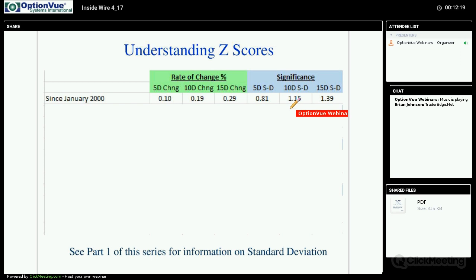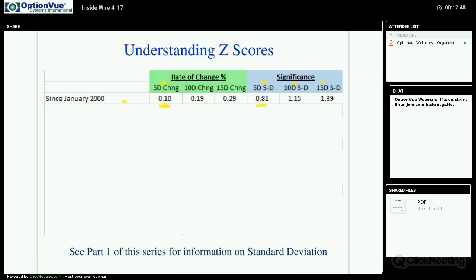What we first have to do is take a look at the standard deviation of the rates of change. When we look at the baseline, going back almost 4,600 bars, and the average 5-day change of 0.1, there is a deviation from the average there. In this case, that's 0.81.